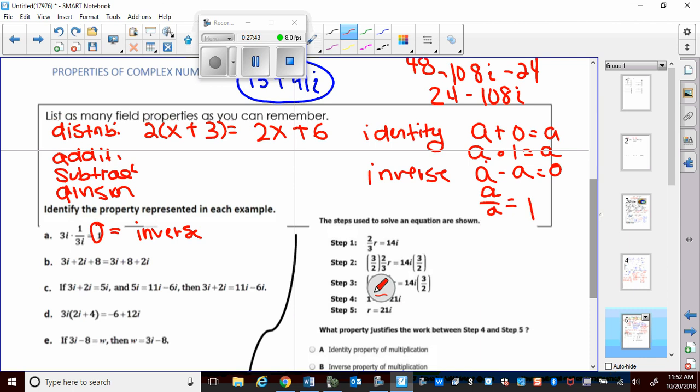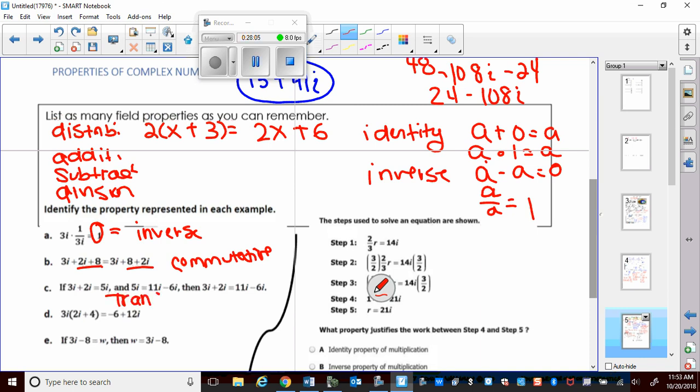So what did they change? They flipped over these two things. And it's not associative, it's commutative. Next one is the transitive property.